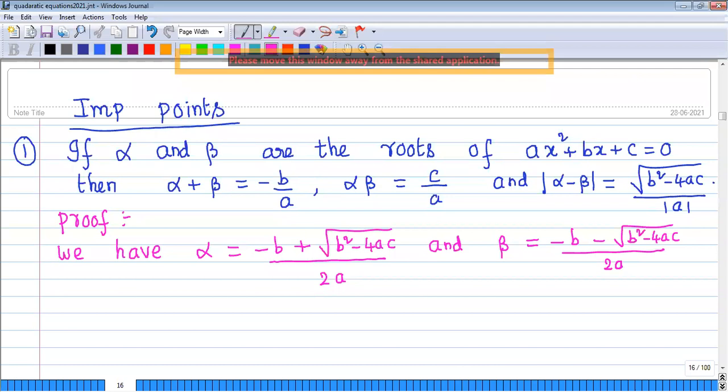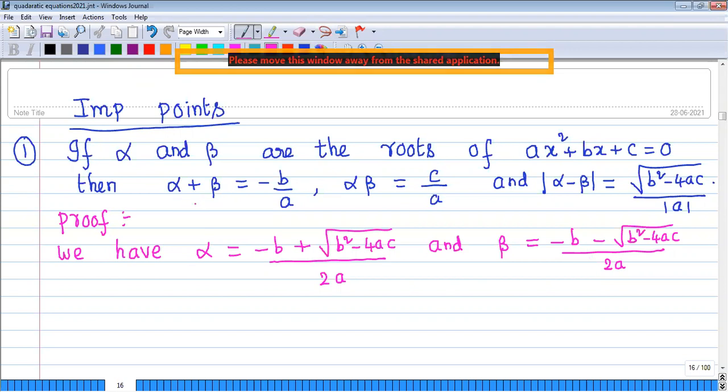In general, the roots are given by minus b plus or minus root of b square minus 4ac by 2a. By considering the plus sign, we get one root; by considering the negative sign, we get the other root. Alpha, beta are given like this.